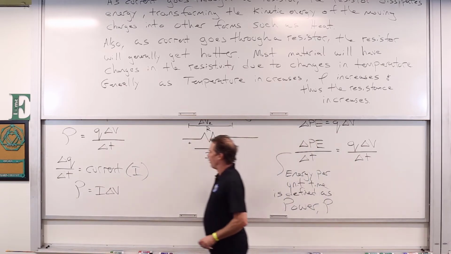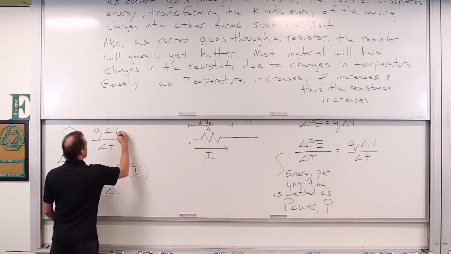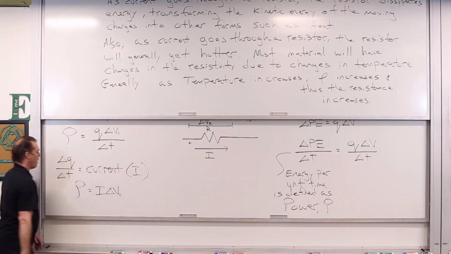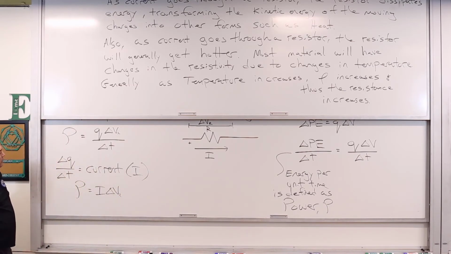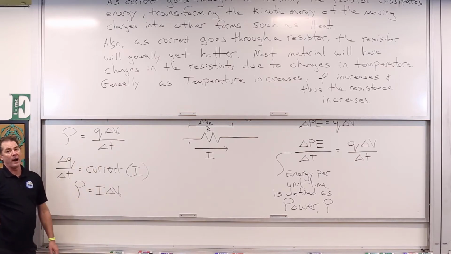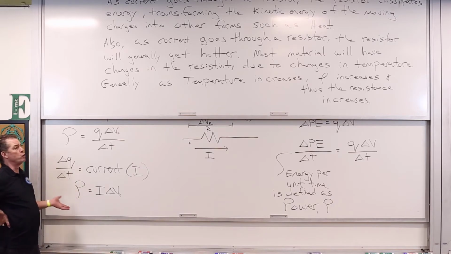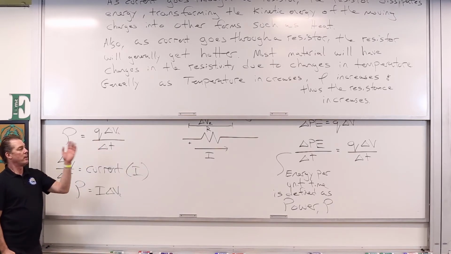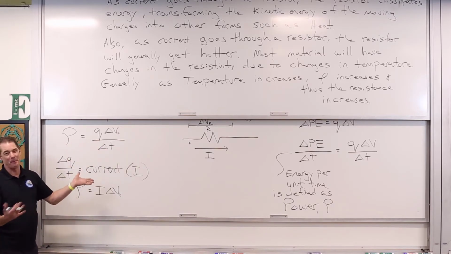We can change this to a little sub R, just so we know we're talking about that particular resistor. So the current multiplied by the potential difference across the resistor is how we can compute the power delivered to, or dissipated by, that resistor.